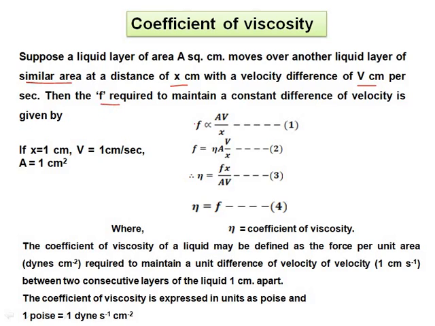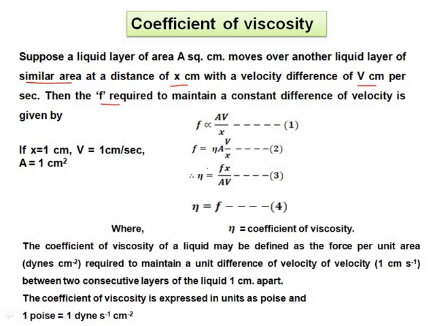Then F is directly proportional to A v upon x. But if x is equal to 1 centimeter, v is 1 centimeter per second, and the area of cross section A is equal to 1 centimeter square, then F is equal to eta into A v upon x, equation 2.